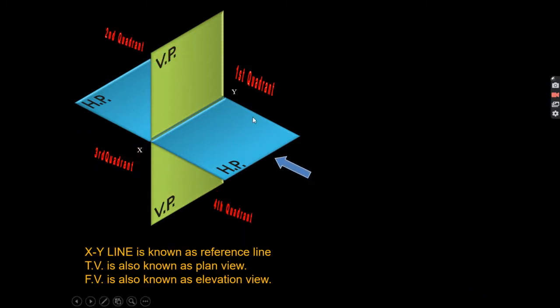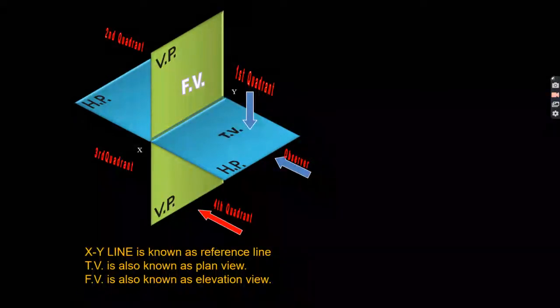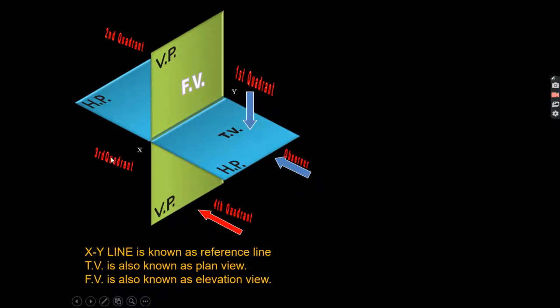Suppose your object is here, then you see it from here and you get the front view. If you see it from the top, you get the top view. In a similar way, suppose your object is now here in the third quadrant. To project this object on the plane, you have to see it from here, and you will see this vertical plane is in between you and the object.